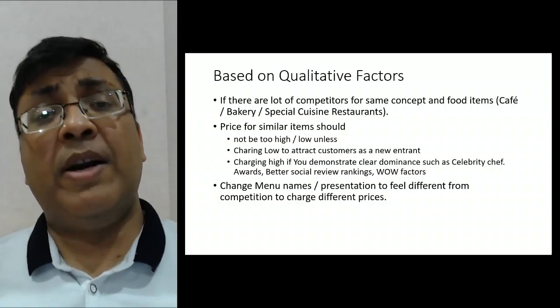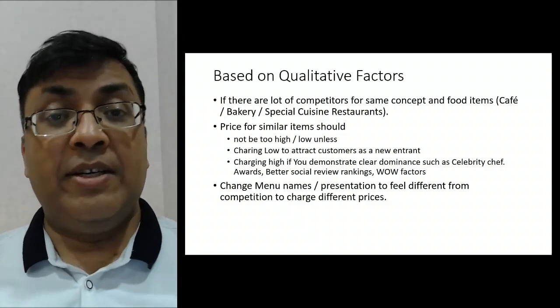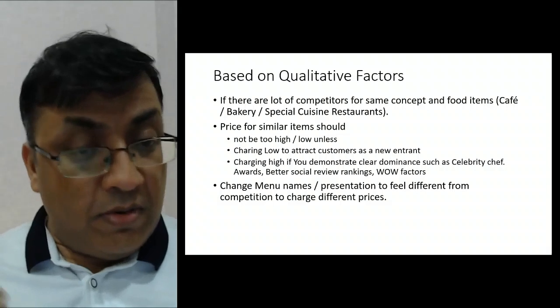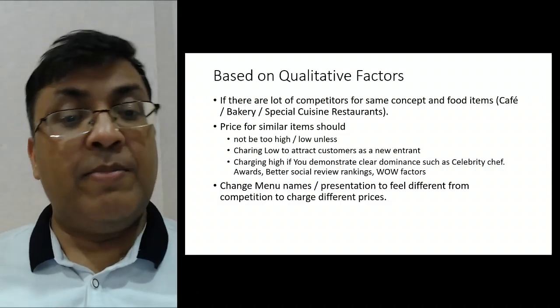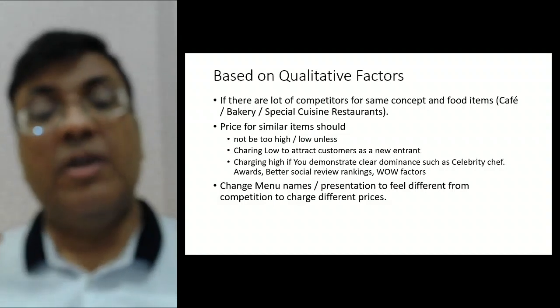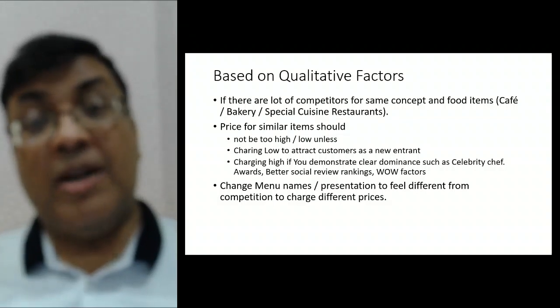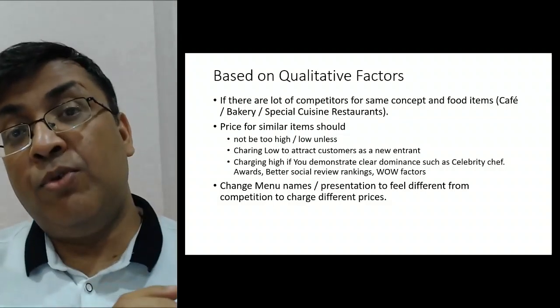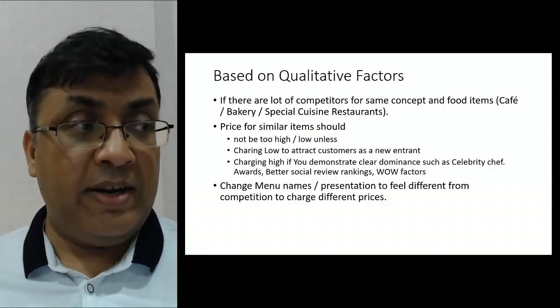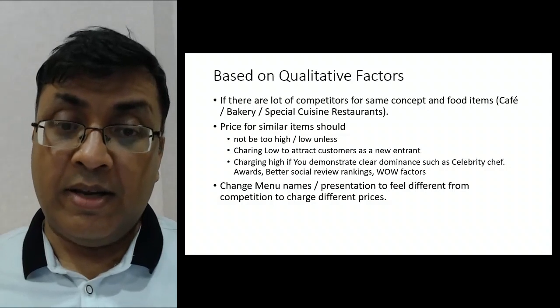But if you are providing any special food, signature dishes, then you may be able to charge a slightly higher price. How can you get a higher price? By changing the menu, presentation, colors, ingredients. You will be able to charge slightly higher prices if you use different names, different presentation, different ingredients, branded ingredients.